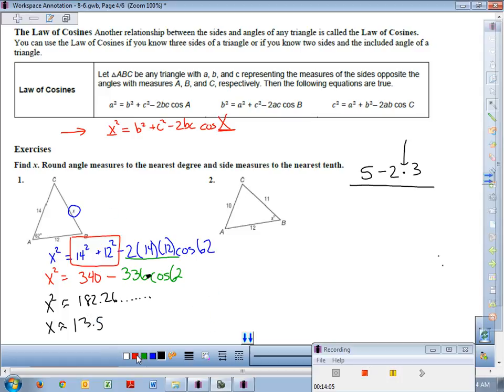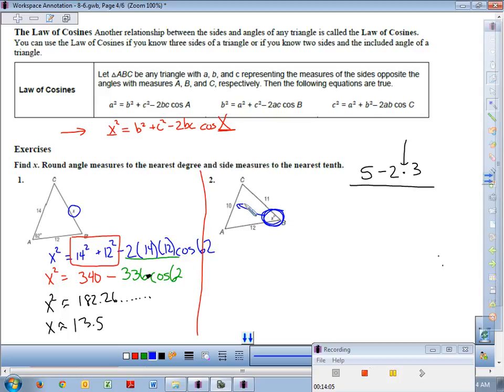So let's try this puppy again. Notice they give me more than one side. They give me all three sides here, so that's going to be a law of cosines situation. Let's set it up to where it's little x squared. Remember, little x is the side across from the angle we're looking for. Well, in this case, this is the angle we're looking for.